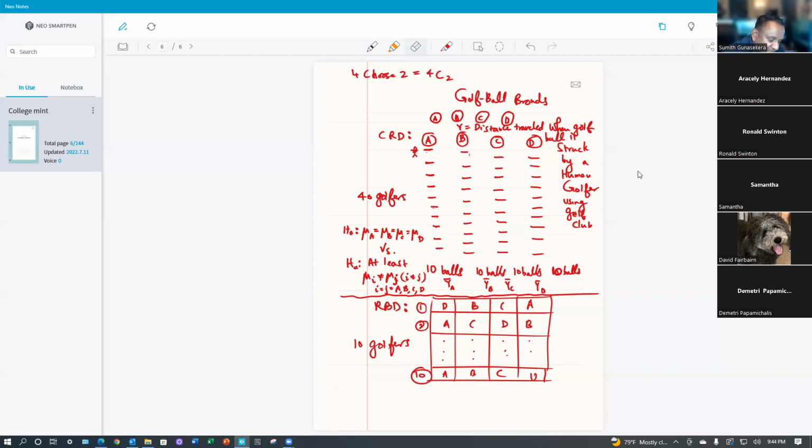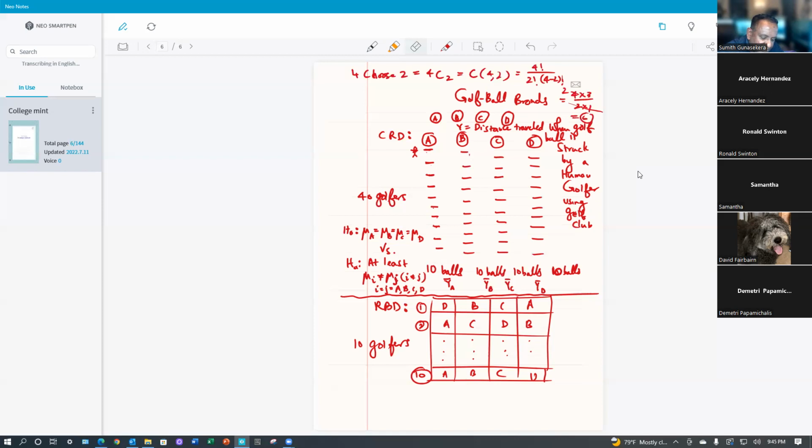Some people write it this way: 4 comma 2. It's nothing but 4 factorial over 2 factorial times 4 minus 2 factorial, or you can simply say 4 times 3 over 2 times 1. You can expand the factorials, and this gives 6.